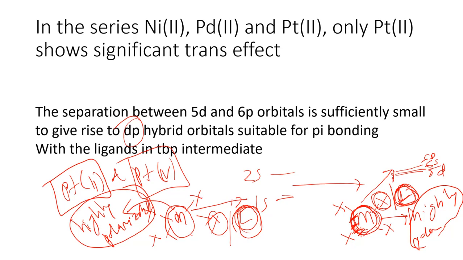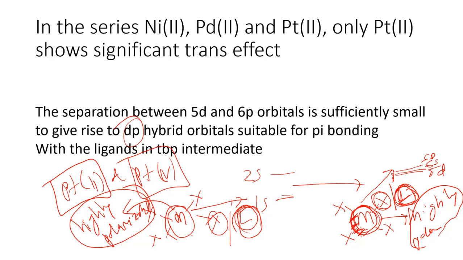Now, when we are comparing platinum 2 and platinum 4 to show the trans effect, we should consider the sigma effect, or the ground state theory. In the ground state theory, among the symmetric ligands X that we have taken, one of the X is replaced by L, where L is highly polarizing.